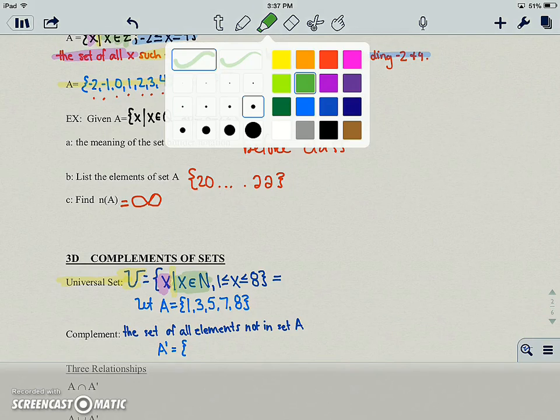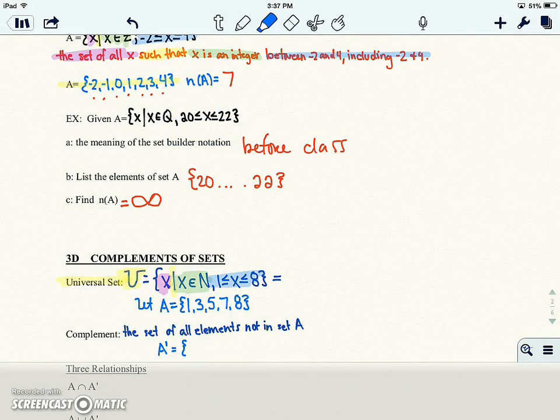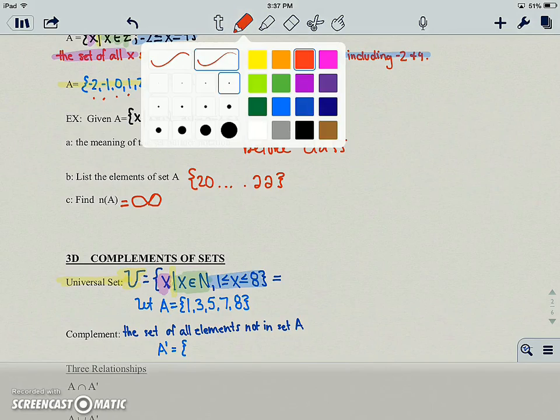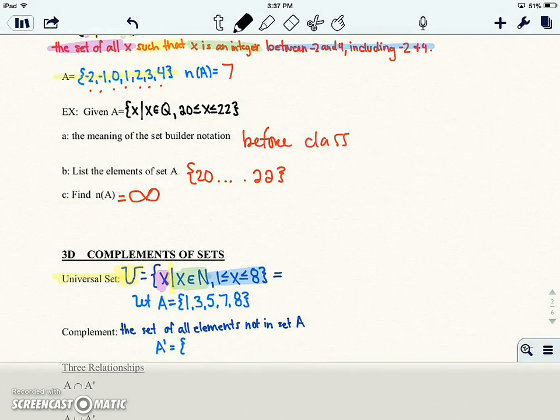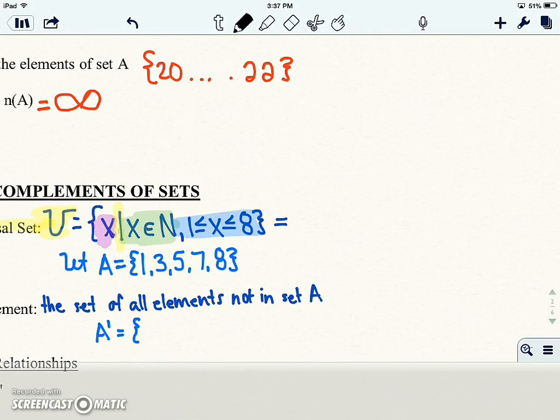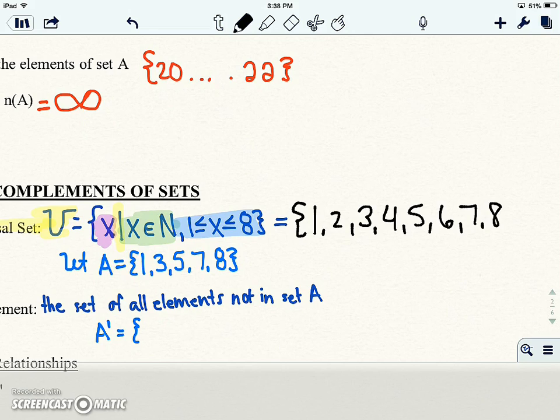So no fractions in there, no negatives. And the numbers are between 1 and 8, including 1 and 8. So I could rewrite that as the numbers 1, 2, 3, 4, 5, 6, 7, and 8.